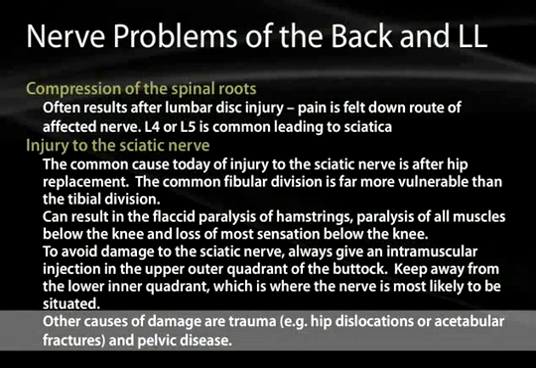Other causes of damage to the sciatic nerve are going to be trauma, hip dislocations, especially posterior dislocations, which happen in high-impact traumas as far as motor vehicle accidents, and also pelvic disease.